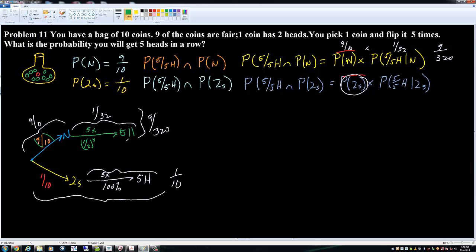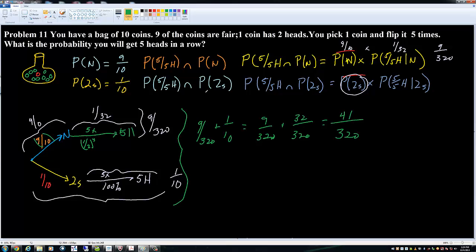So to add these together, the total probability of getting 5 out of 5 heads, regardless of which coin, is going to be 9/320 plus 1/10, and that will equal 9/320 plus 32/320, which will equal 41 over 320.